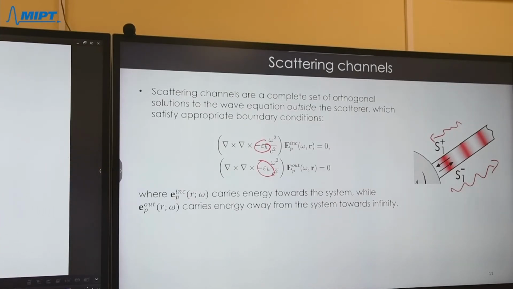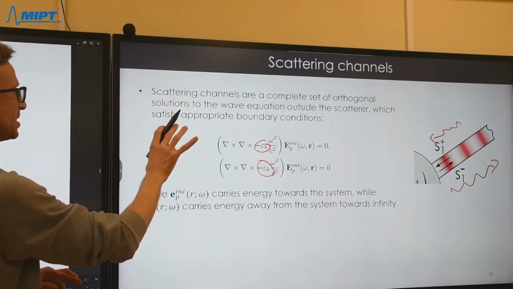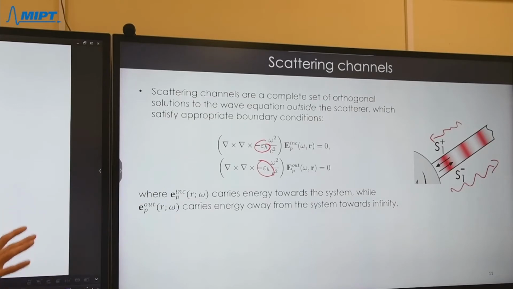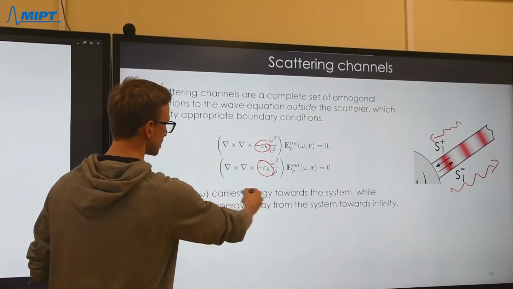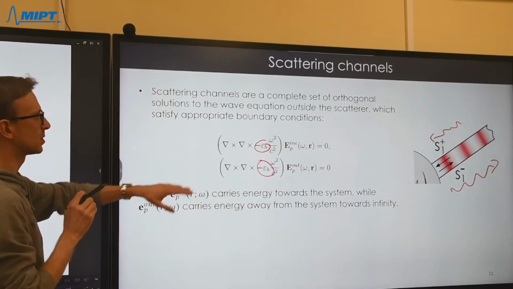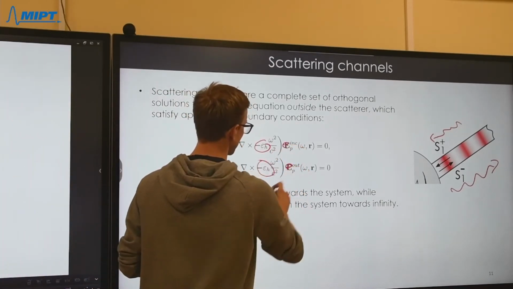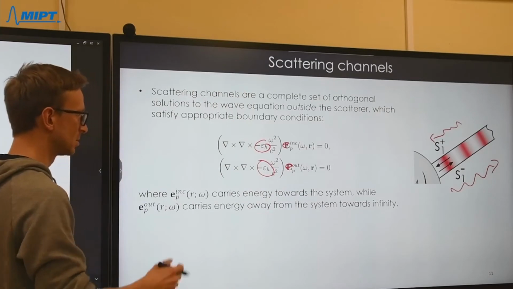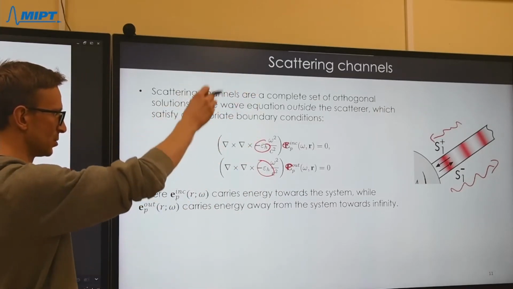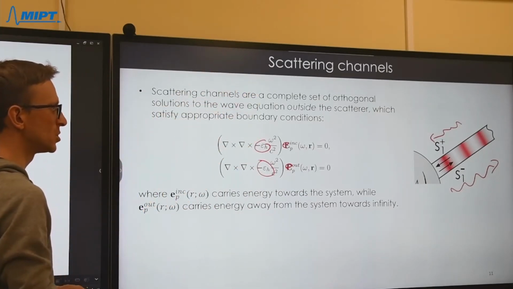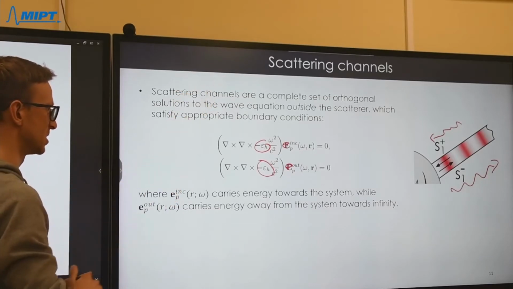This is what carries energy from infinity. These are the basic solutions that constitute our incident fields. And they form a complete set, and therefore we use this set of solutions that only differ by the boundary conditions. Incident channels carry energy towards the object. Outgoing channels carry energy towards infinity.